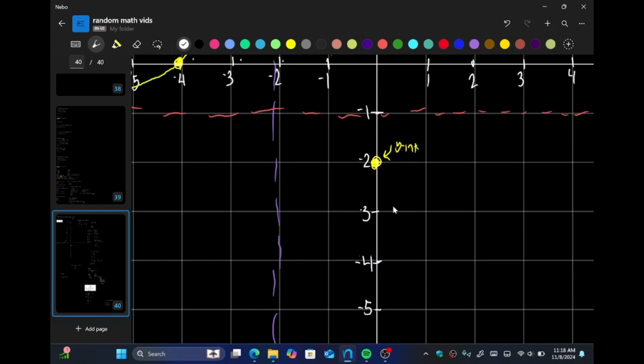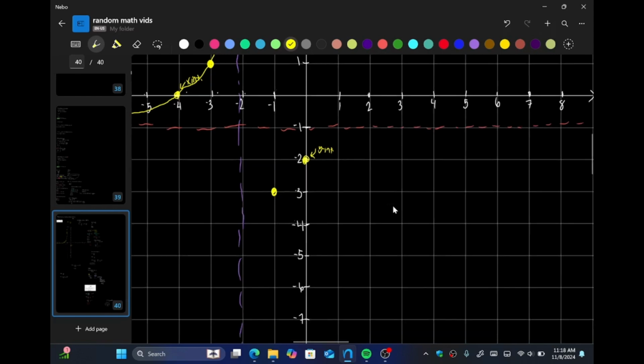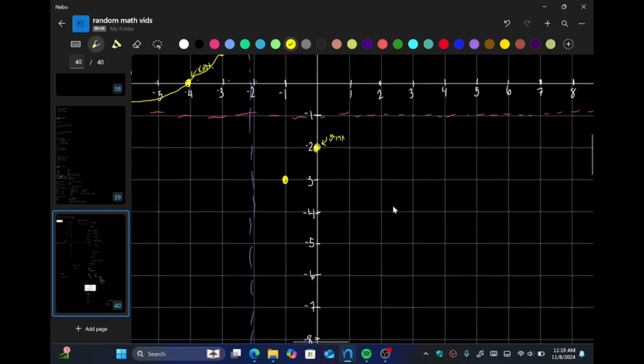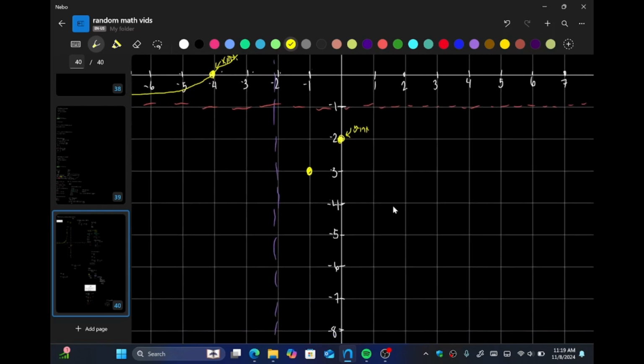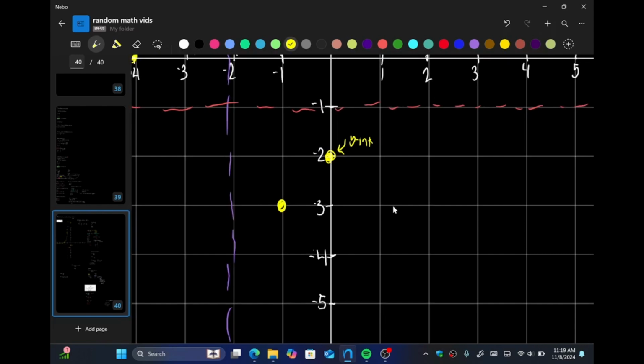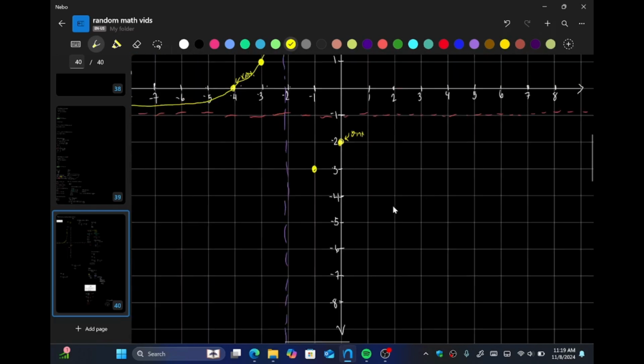Now, as you can see, guys, everything else we obviously can't do 1, 2, or 3, because it's going to be between -2 and -1, right over here. Again, it has to follow that shape, guys.